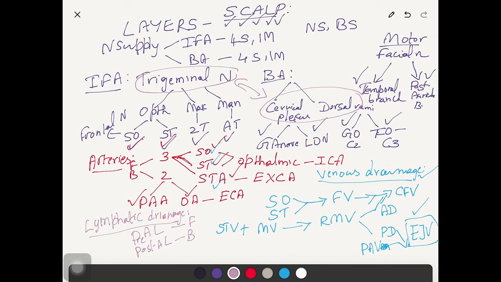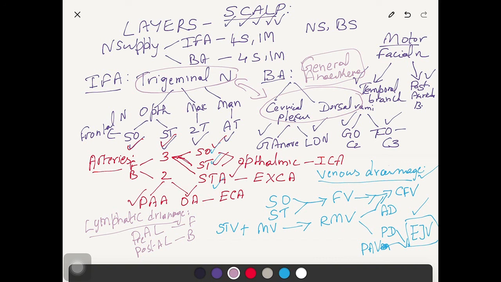These two are dermatomes which are not close to each other. The trigeminal nerve is a cranial nerve, and behind the auricle they are the cervical nerves. So for anesthesia, even for minor procedures in the scalp, we have to prefer mainly general anesthesia. This is the important point you should remember in the nerve supply of the scalp.